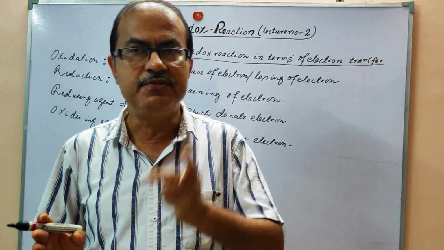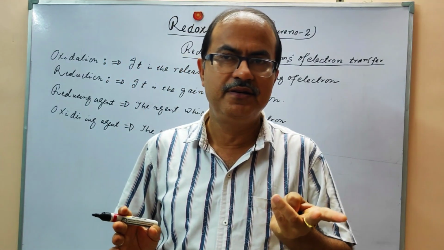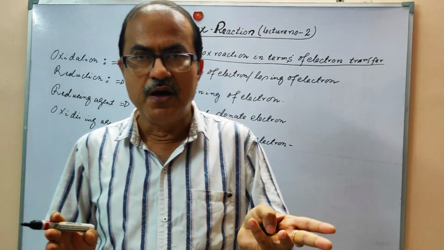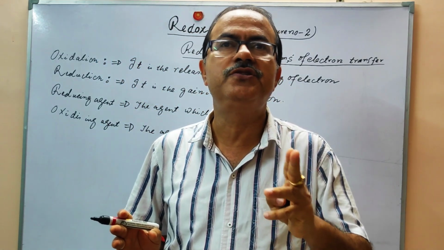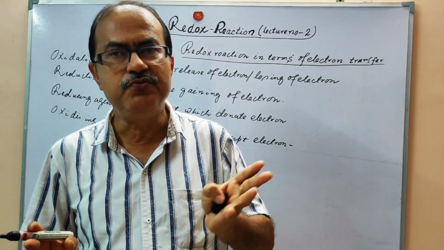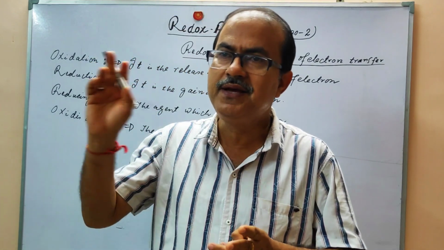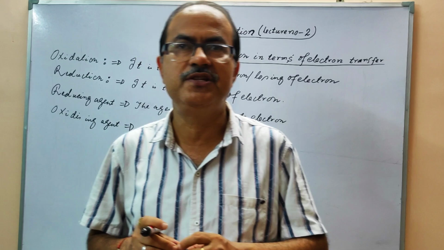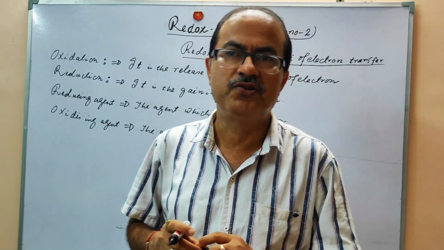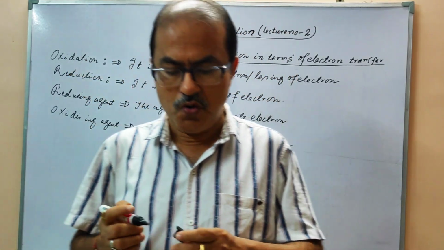The reducing agent himself will be oxidized. At the same time, the species which is reduced will help to make the other species oxidized. So it will be the oxidizing agent.